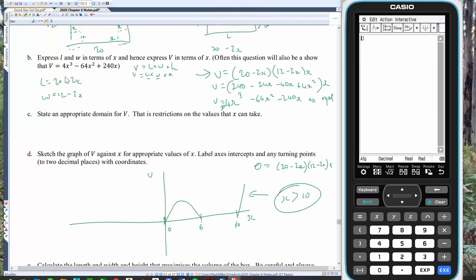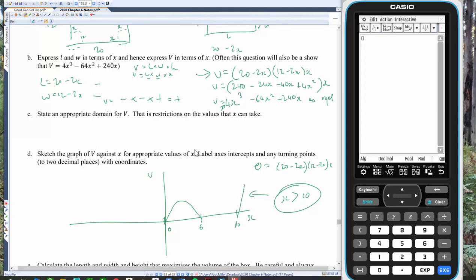If I sub 20 into this length function here, you notice that this is going to be negative. If I sub 20 into this function here, you'll notice that this is going to be negative. And the reason it comes out positive is that a negative times a negative times, in this case, the X value of 20, which is a positive number, will end up being a positive volume, okay?